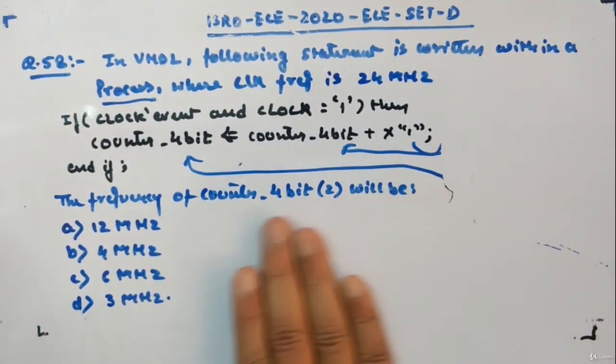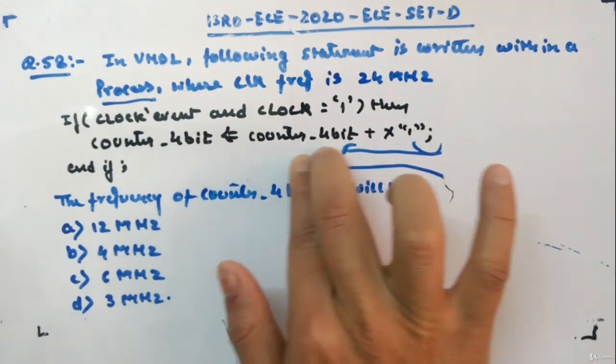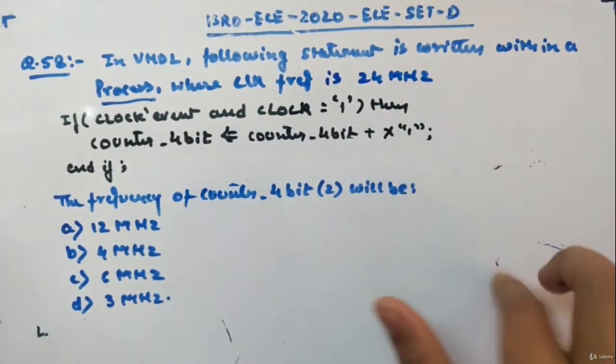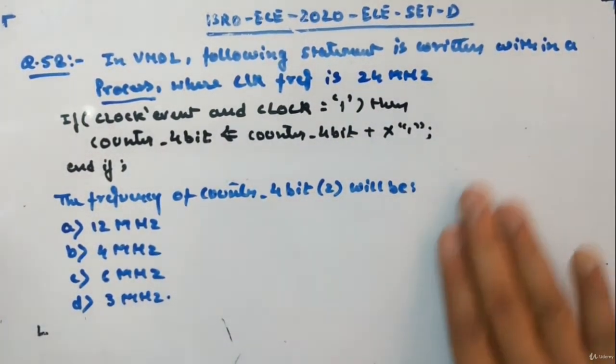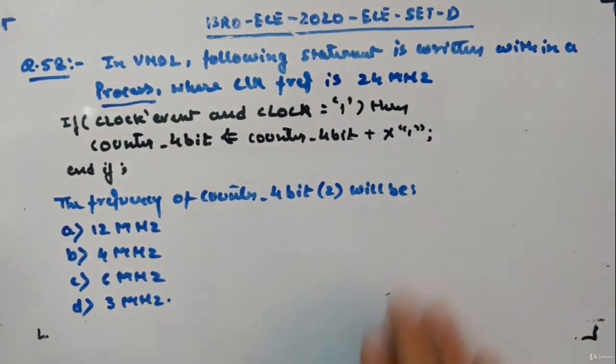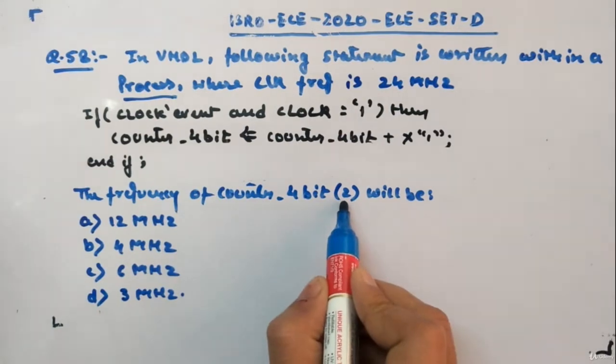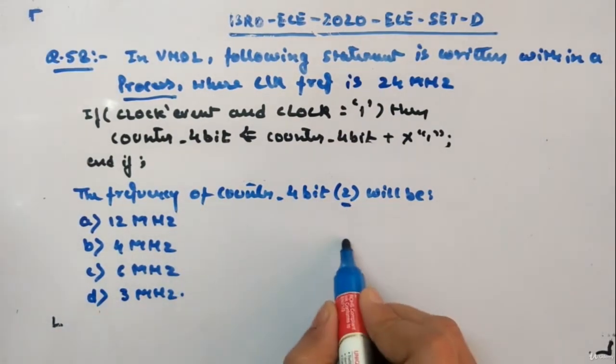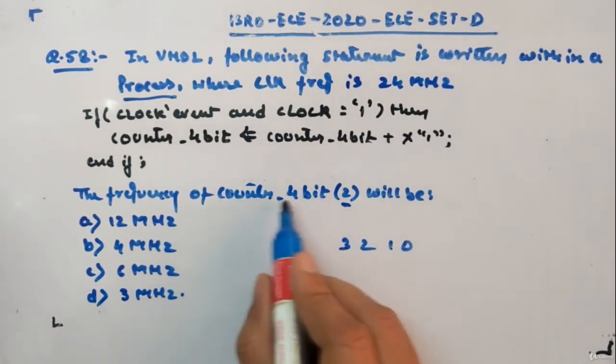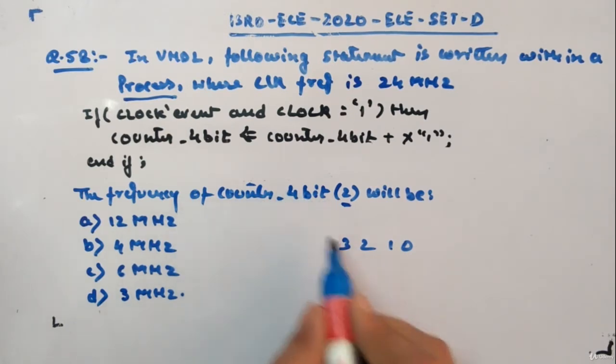Okay, now you got the meaning of the question. What is being asked is the frequency of the second bit. Bits 3, 2, 1, 0 are our counter_4bit, with MSB and LSB as marked.